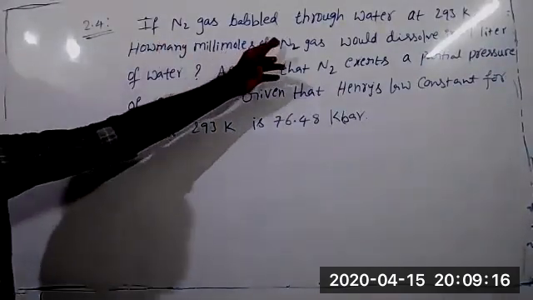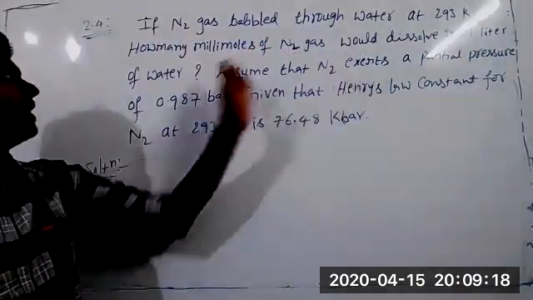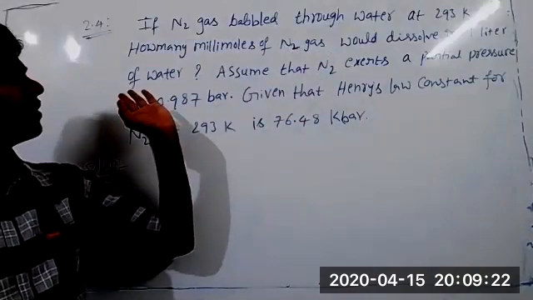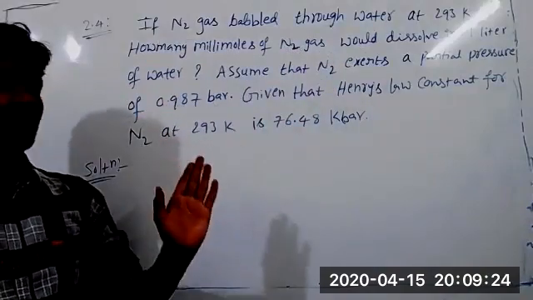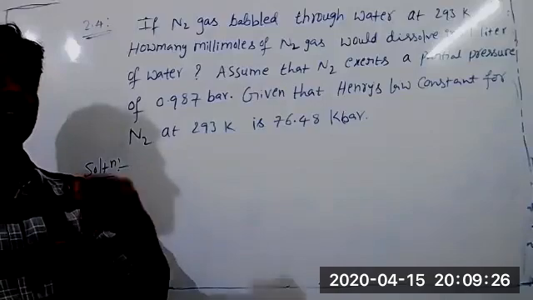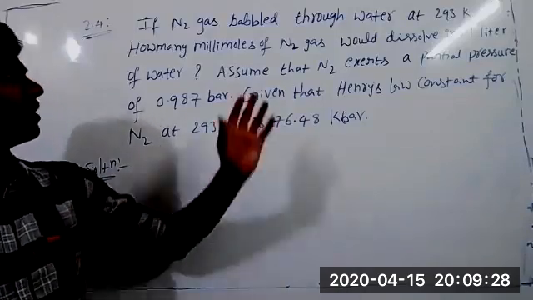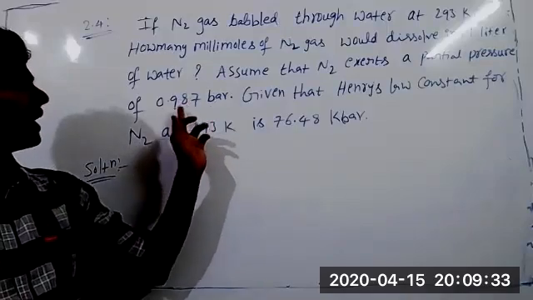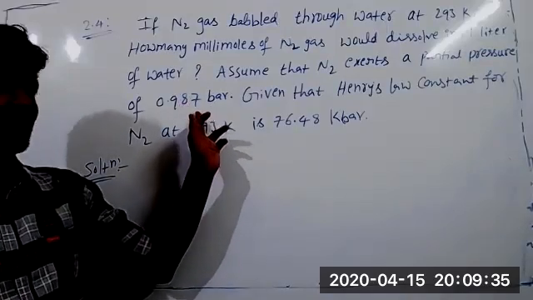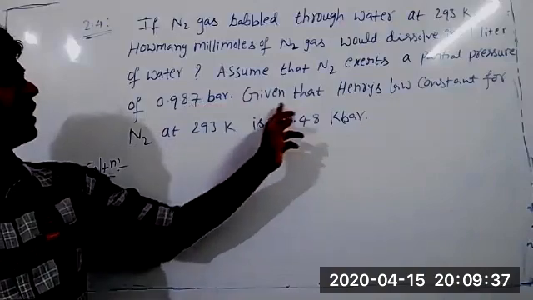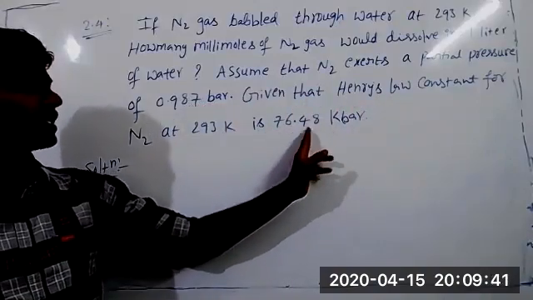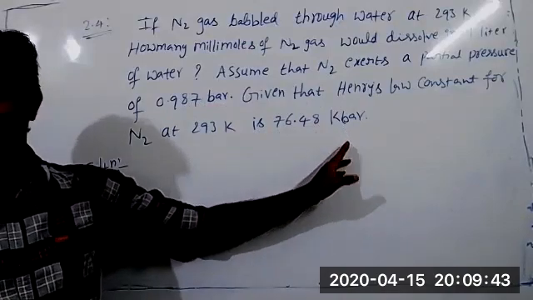If N2 gas is bubbled through water at 293 Kelvin, how many millimoles of nitrogen gas would dissolve in 1 liter of water? Assume that nitrogen gas exerts a partial pressure of 0.987 bar, and Henry's law constant for N2 at 293 Kelvin is 76.48 kilobar.